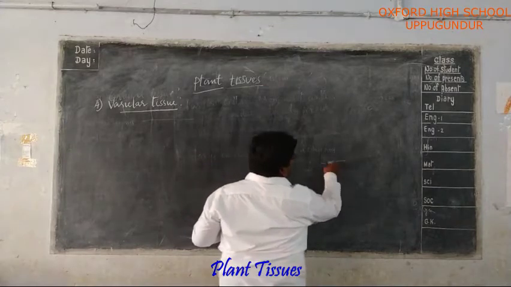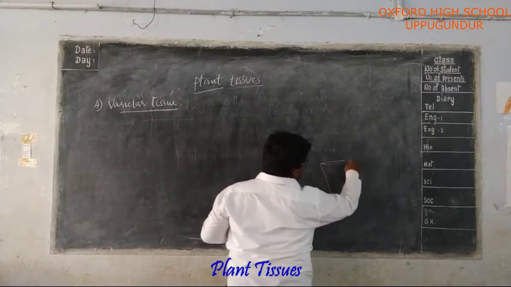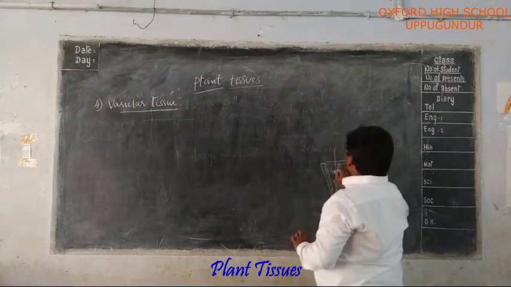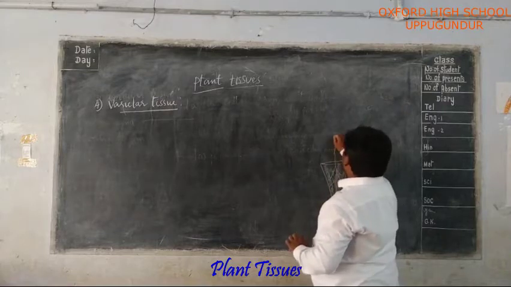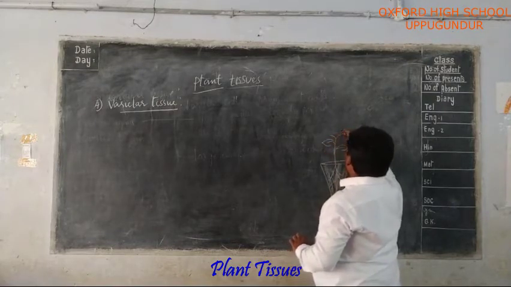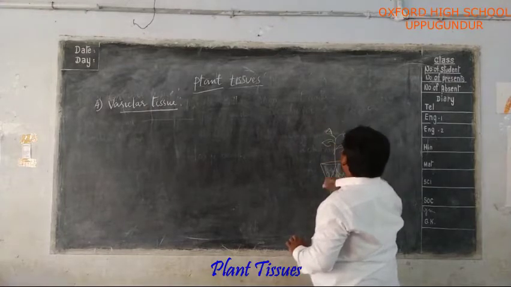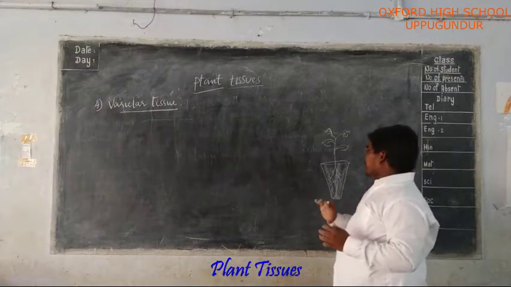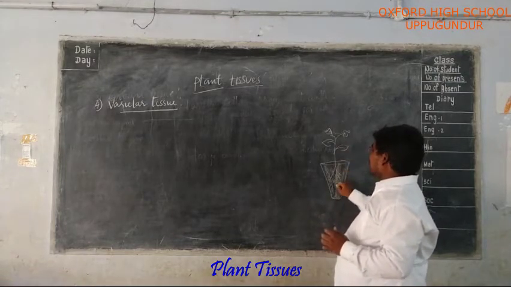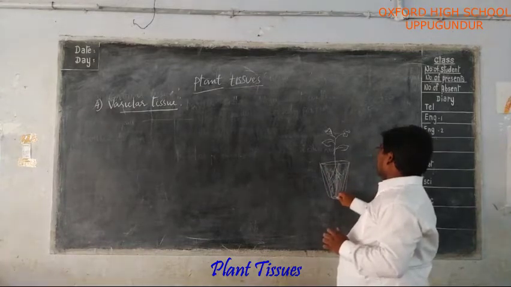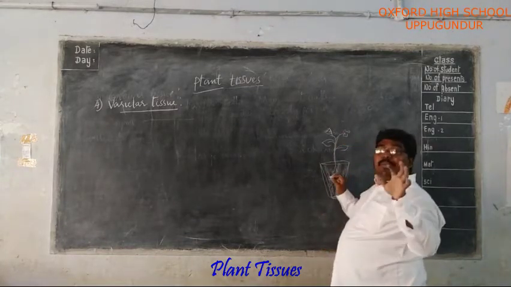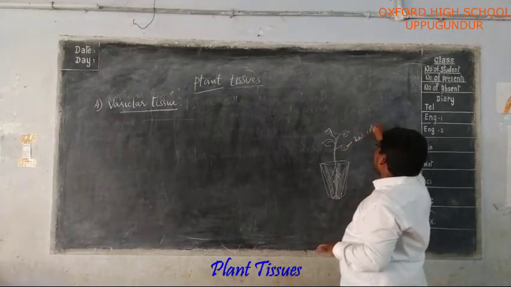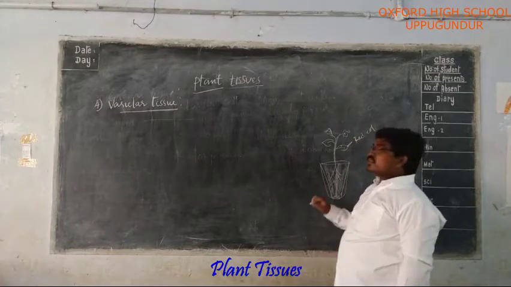In the previous class, we have already discussed one activity. By keeping a plant in a glass of red water, we noticed that some of the parts in the plant turn red in color, especially the leaves and stem.